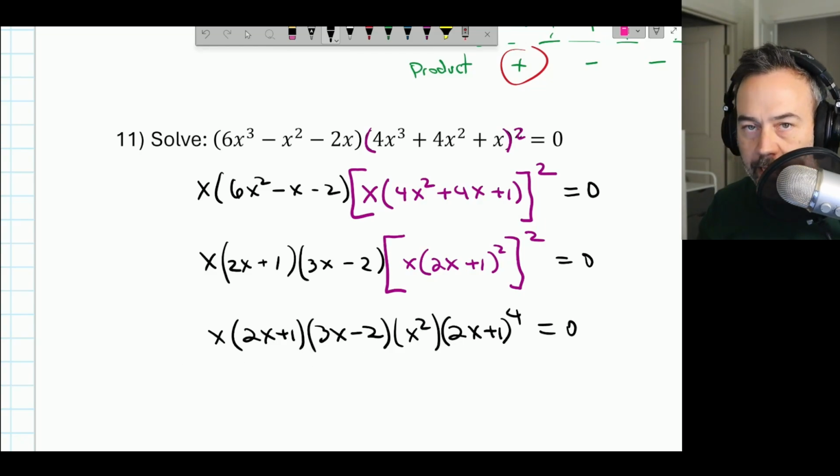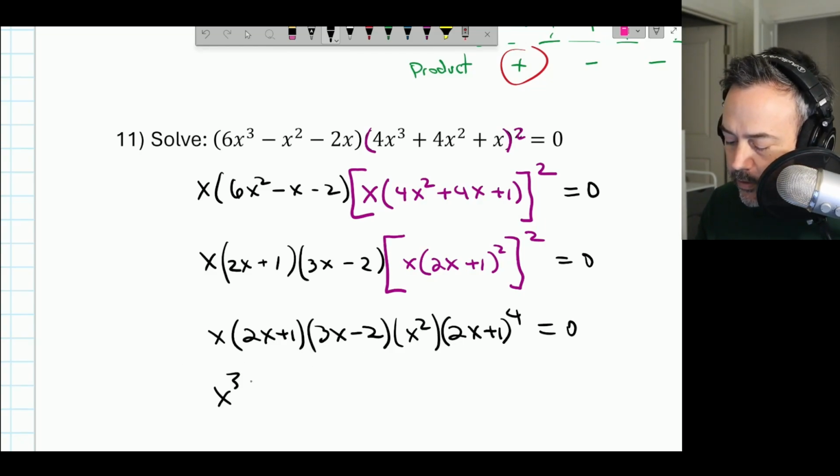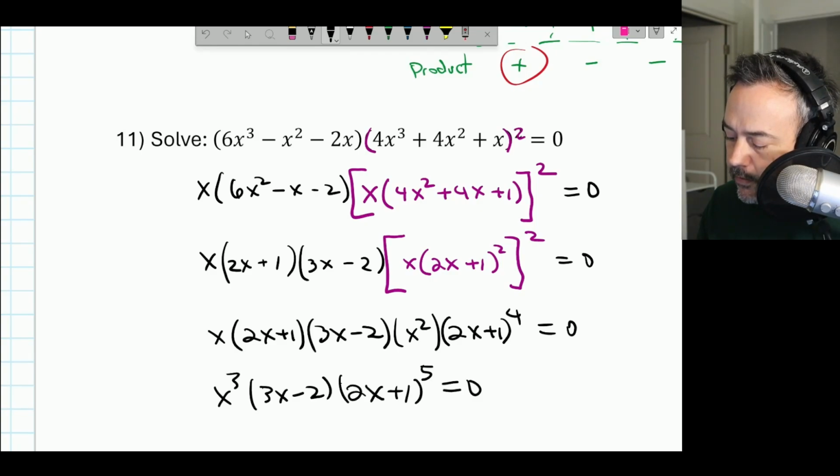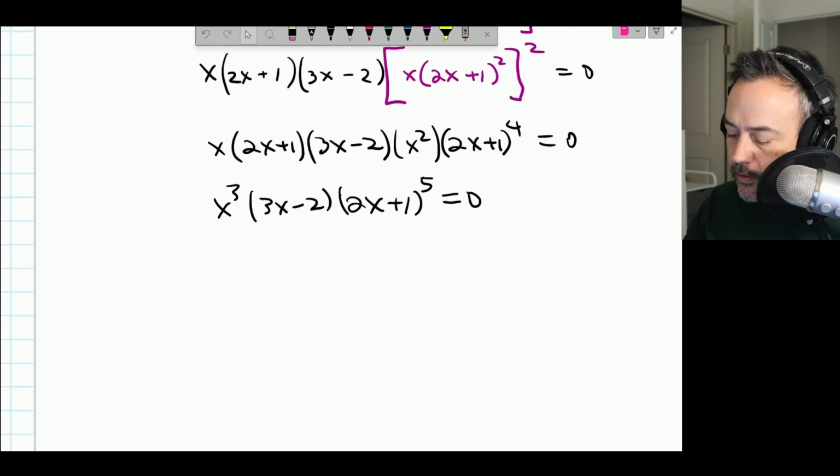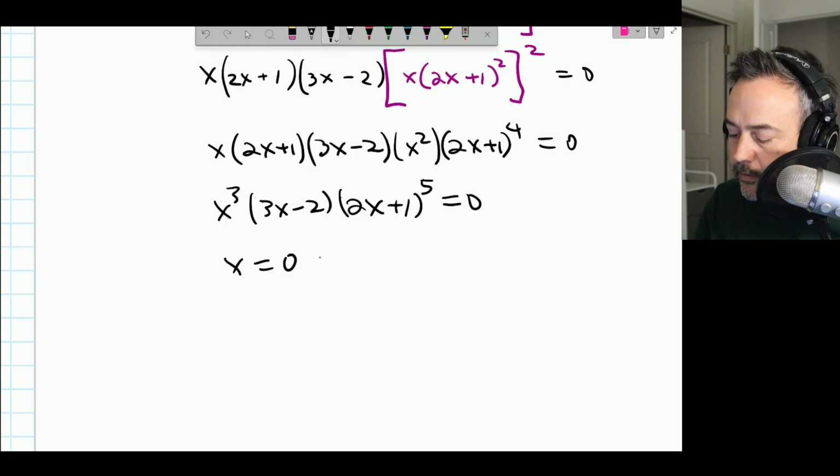Combine factors: x cubed, 3x minus 2, and 2x plus 1 to the 5th. What are the solutions? X equals 0, multiplicity 3. X equals 2/3, multiplicity 1. I didn't really need to write that, but that's true.